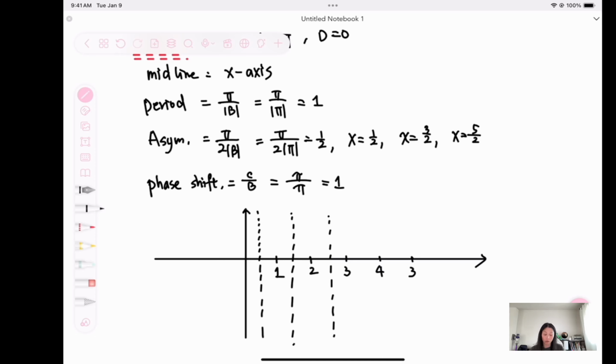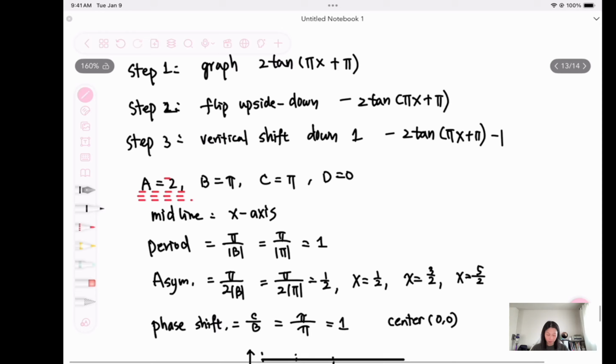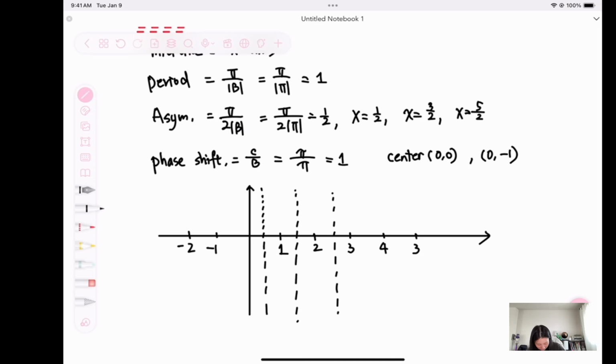Since we only need 2 periods, we can just keep it to here. And then we know that the center of the graph should be at 0, the original, but since you phase shift by 1, you're adding 1, that means you're shifting to the left 1 unit. So you should have a 0 and negative 1. Let me mark this since it's shifting to the left.